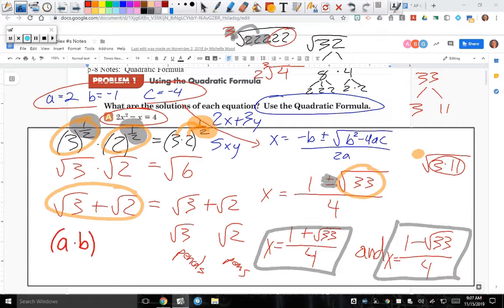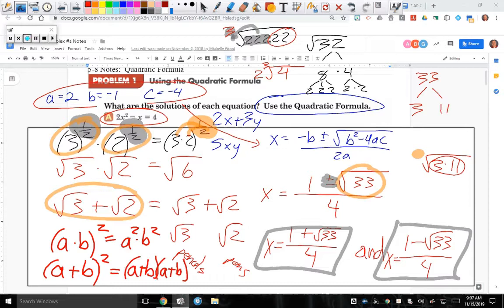A times b squared is the same as what? A squared times b squared. But what is it if I add? Is it a squared plus b squared? No. It's totally different because we have to FOIL these two pieces. Do you understand? Okay, so enough of that.